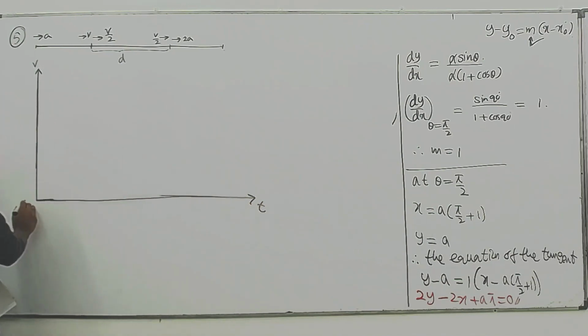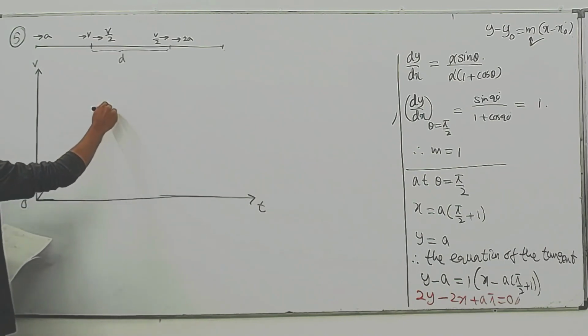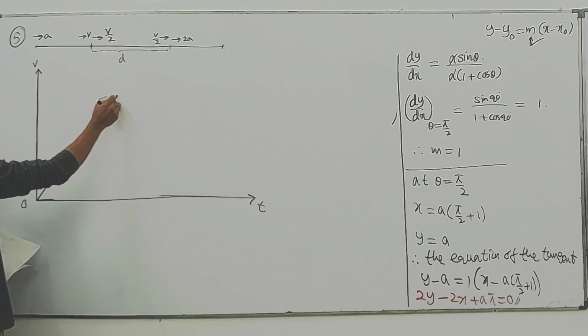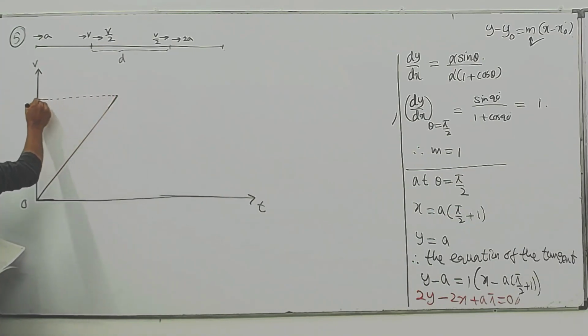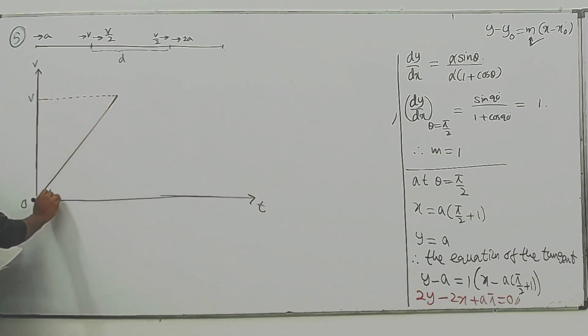Right, this is the origin O. Initially it starts from rest, moving with acceleration this way. Suppose it gets the velocity v. If you take this angle alpha, people, tan alpha is the acceleration, no?